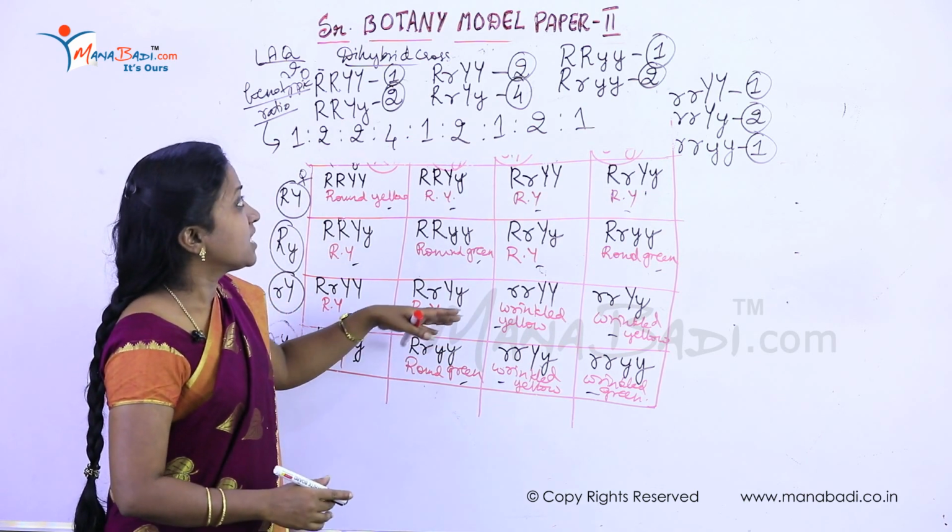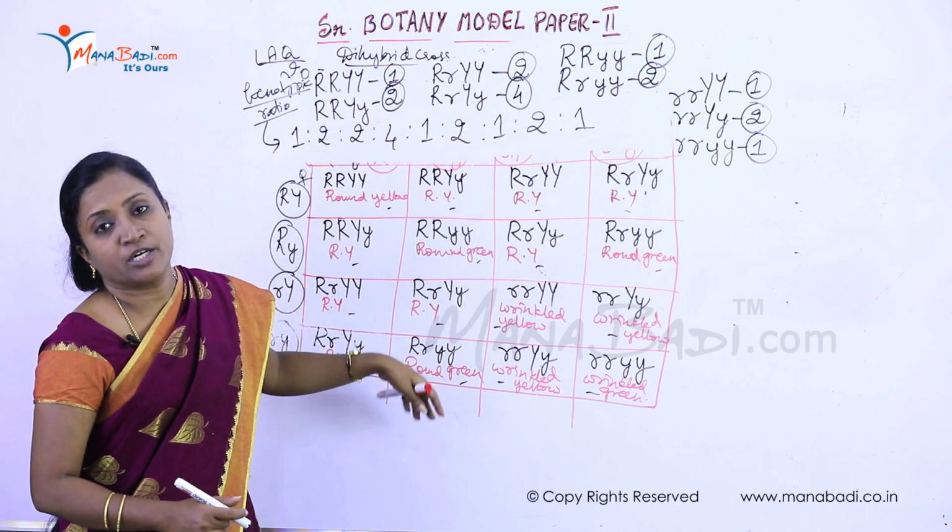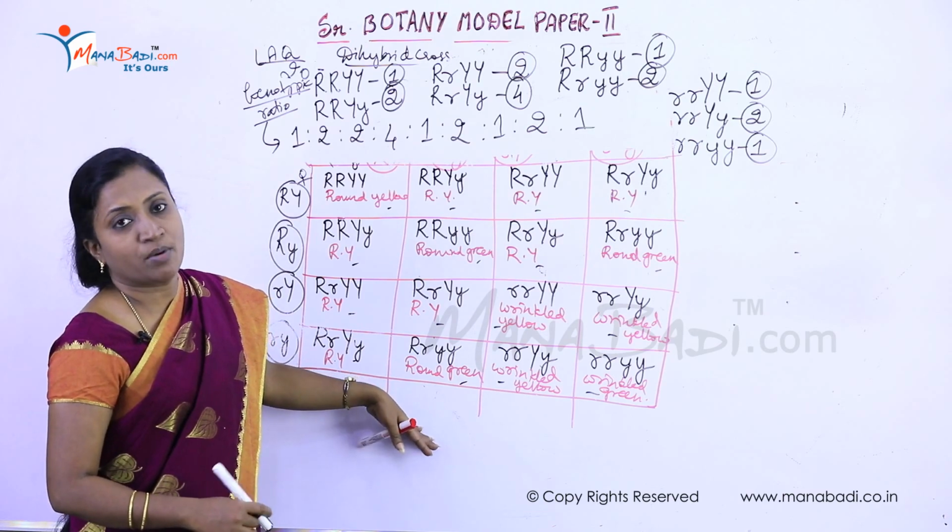So here comes the end of the dihybrid cross, that is question number 20.